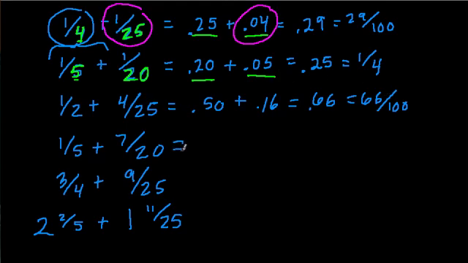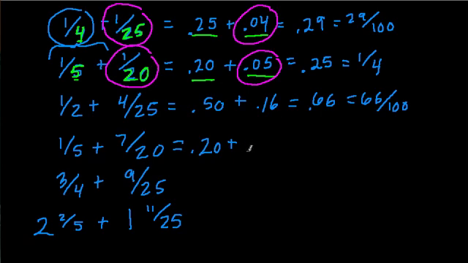Cool. Now moving on, we have a fifth pop up again, and we knew from before that's 20 cents. And we knew a 20th, we represented that as 1 nickel. So if we have 7/20th, that's like having 7 nickels, right? Because 7/20ths just means 7 1/20ths, so 7 nickels.